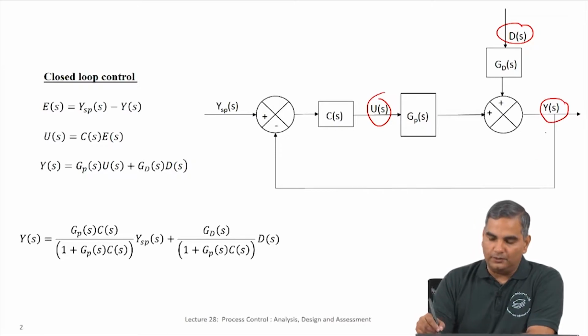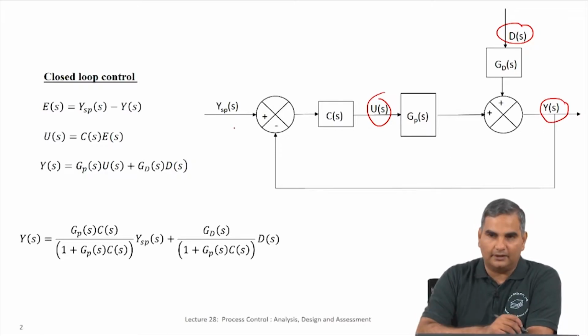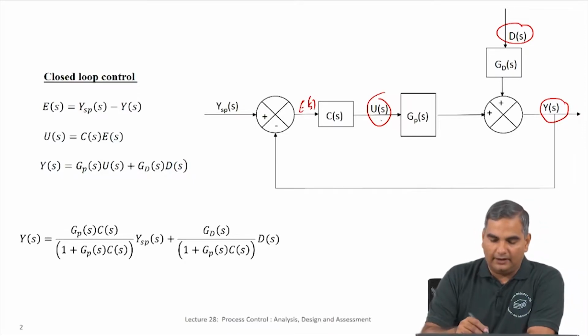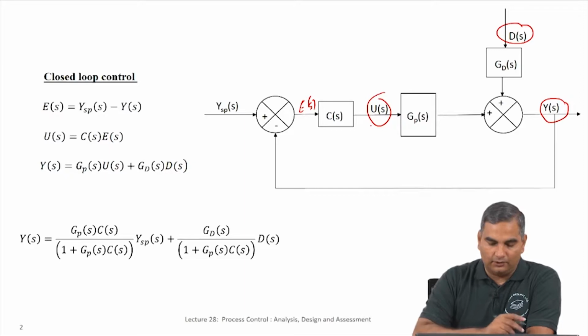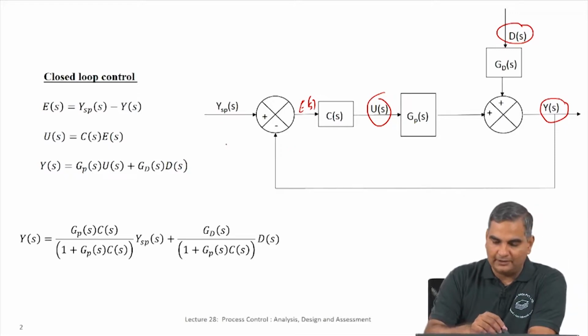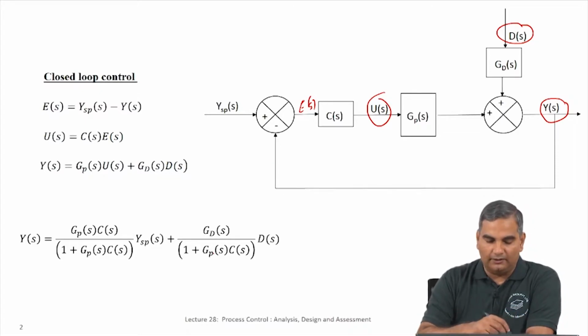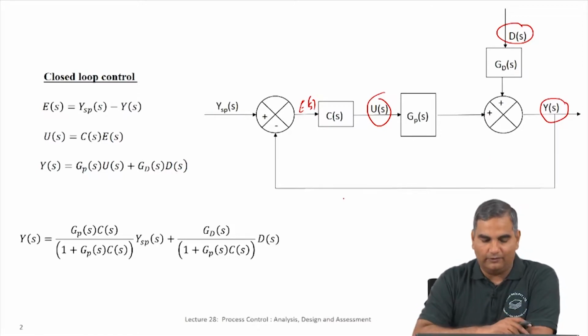We close the loop, and the idea of closing the loop is looking at the difference between the set point and y, and using that as an error signal to a controller, and the controller acts upon that error signal to give an input to the process. Now, if this error is 0, either the y set point did not change, but y changed because of d(s) and has now been brought back to its original set point, or in the case of servo control, y set point itself changed and y is being dragged to get to the value of y set point.